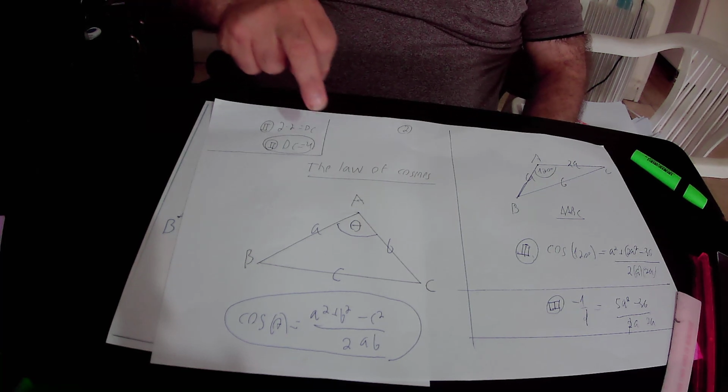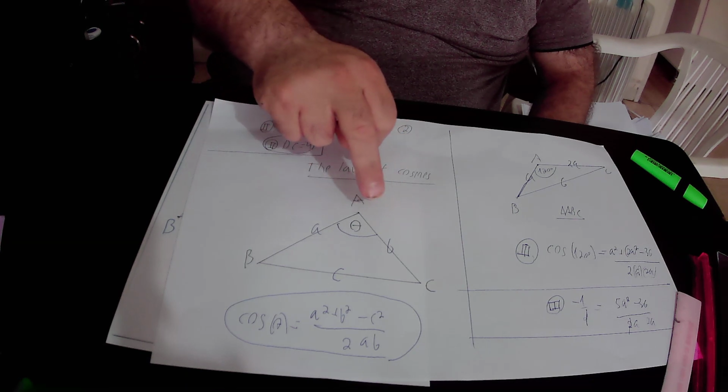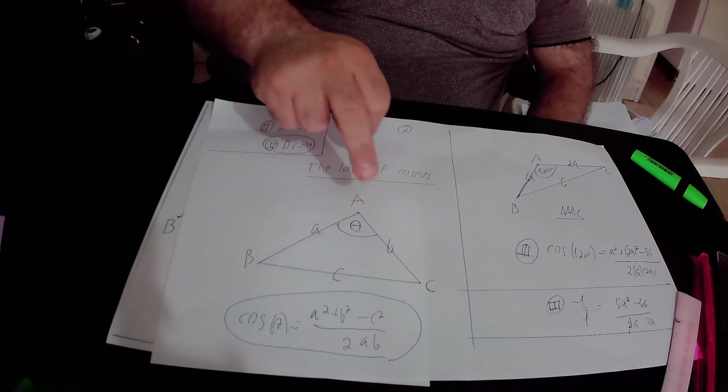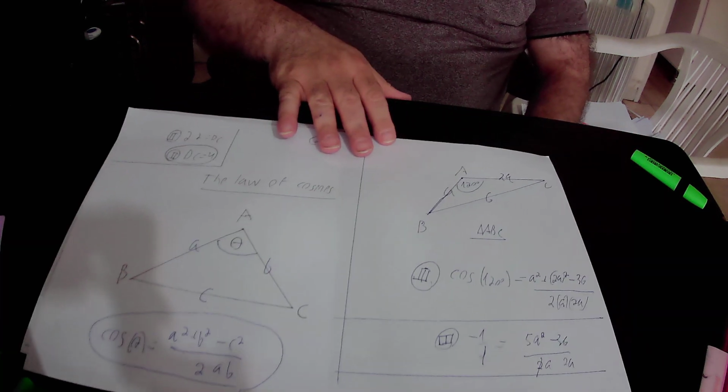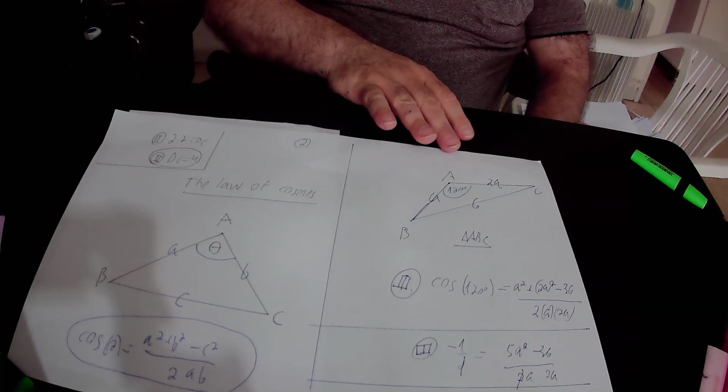In any triangle, cosine theta equals a squared plus b squared minus c squared over 2ab. We implemented the law of cosines in triangle ABC, so I copied triangle ABC in this page.